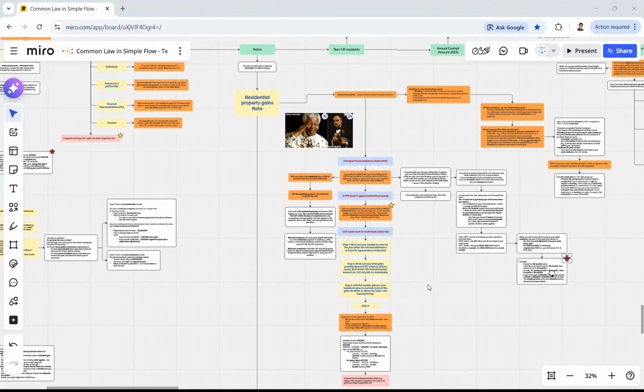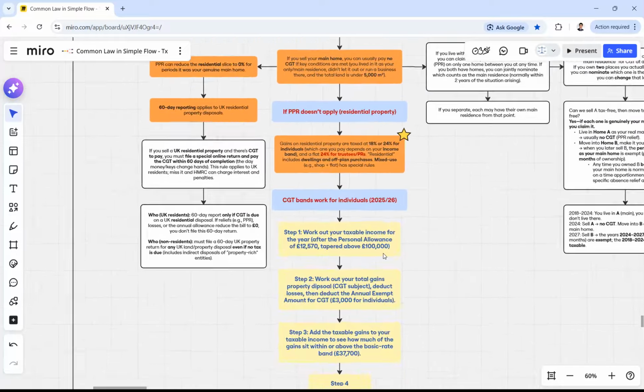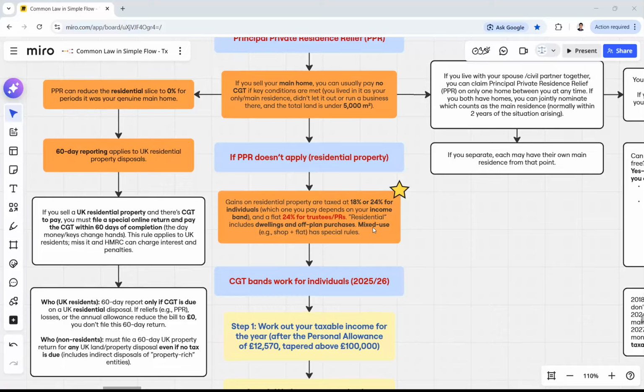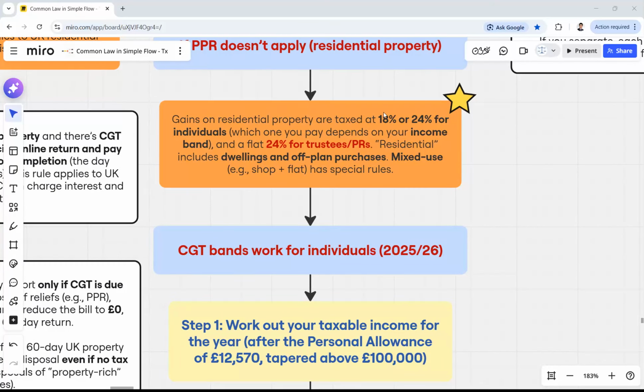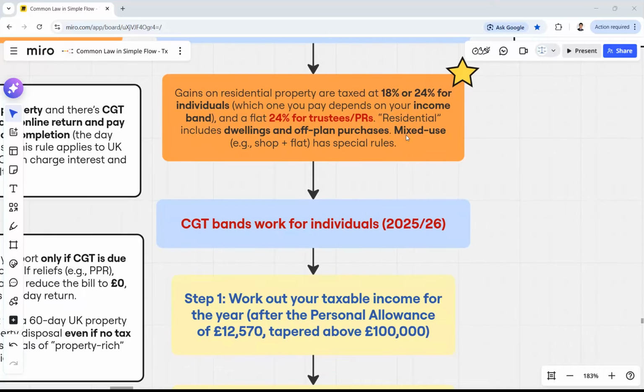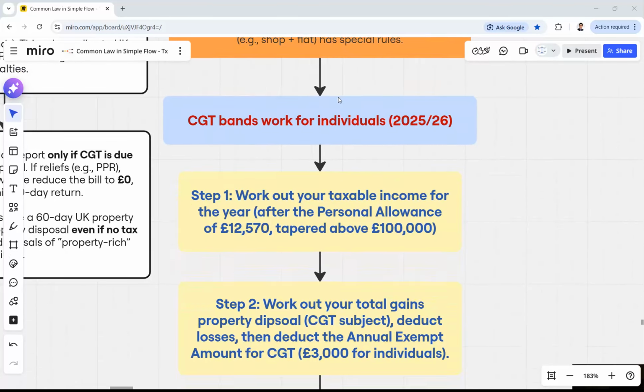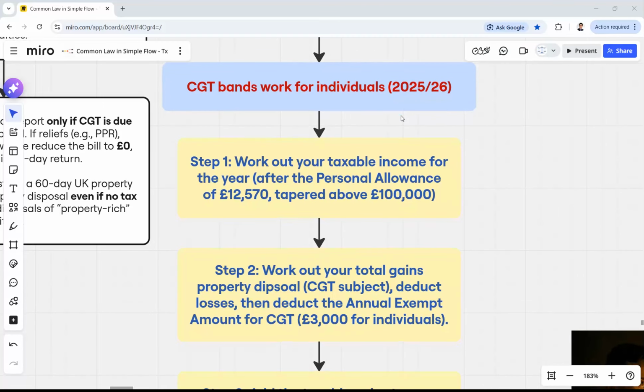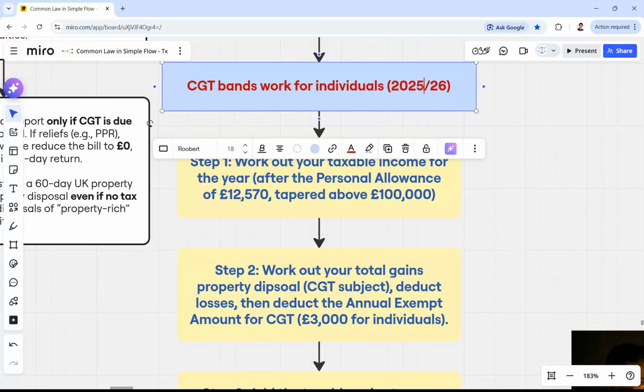Okay, now let's go through some numbers. So the tax calculation goes in this way. We have 18% and 24%, and 24% for trustees and PRs always. CGT bands work for individuals in 2025/26, and this will be for 26/27.